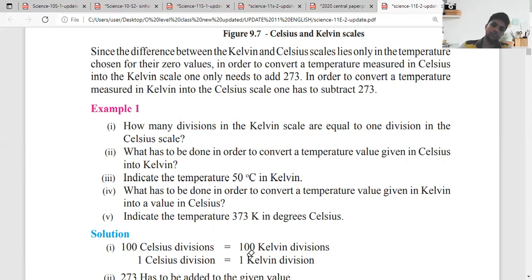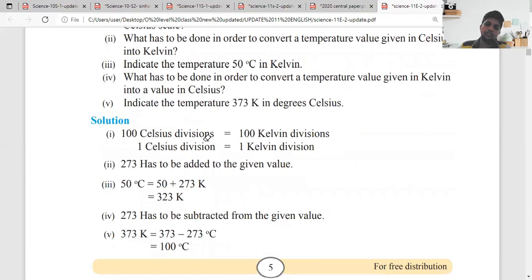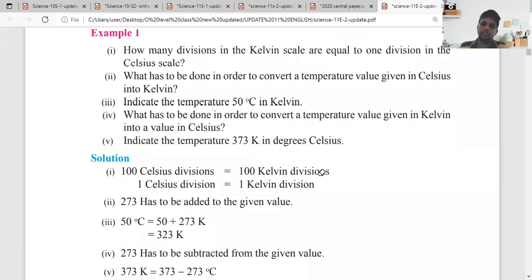Write down the answer. Solution: 100 Celsius divisions equal 100 Kelvin divisions. So 1 Celsius division equals 1 Kelvin division.